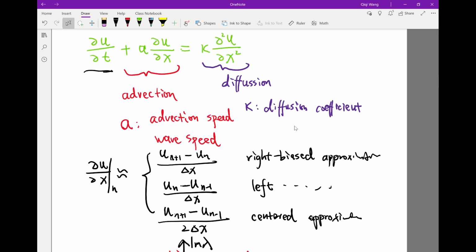And we know a has to be negative for this to happen, for the solution to move towards the left, which means the wind comes from the right. For a negative a, if we move the whole derivative to the right hand side, it's actually a plus du/dx, right?